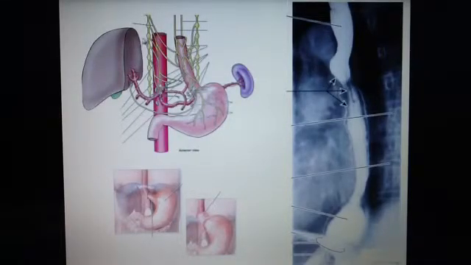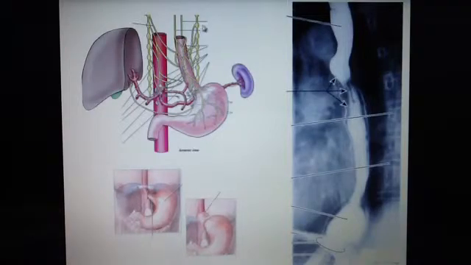So, for example, you can see the right thoracic sympathetic trunk, and coming off this right thoracic sympathetic trunk is the thoracic splanchnic nerve, and you can see that the splanchnic nerve is coming off and coming down here.